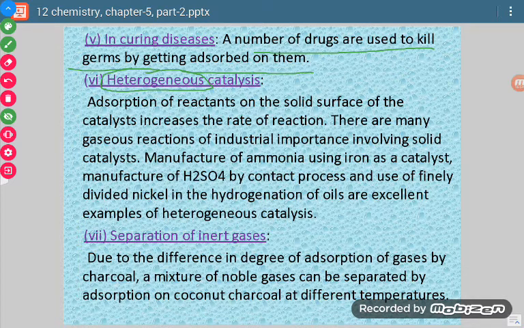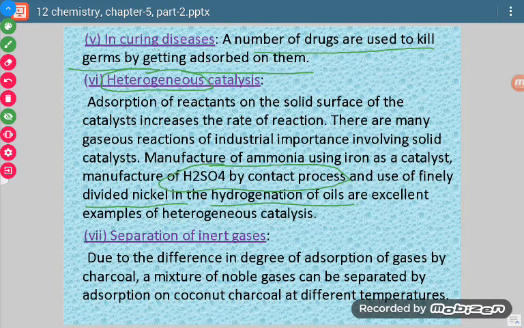Now in the contact process, when we manufacture sulfuric acid, H2SO4, we use a catalyst. Finely divided nickel is used in the hydrogenation of oil, the formation of vanaspati ghee, which we did in 11th standard.